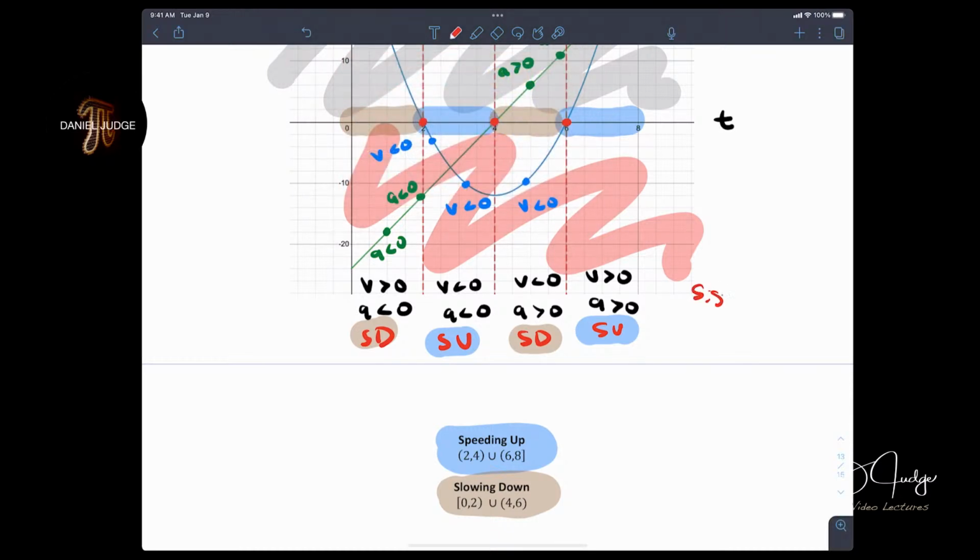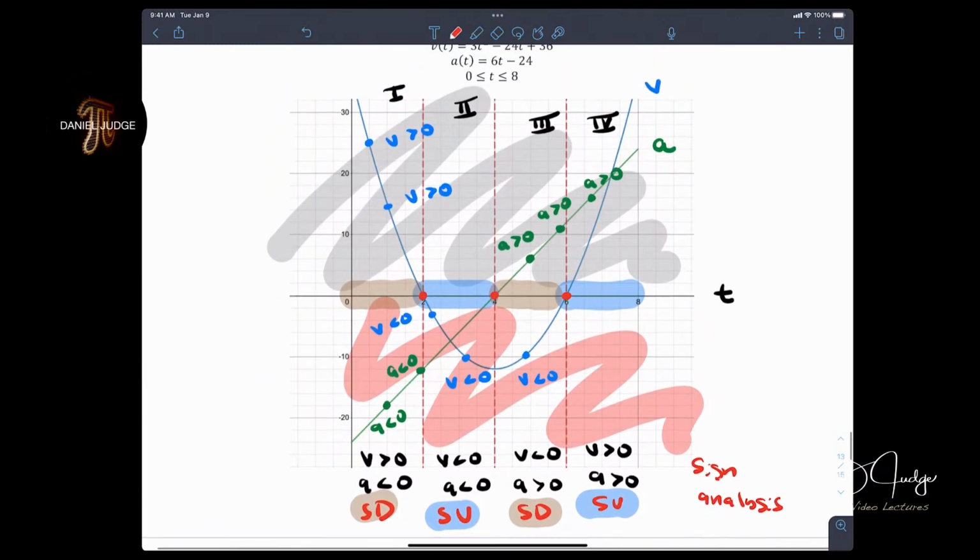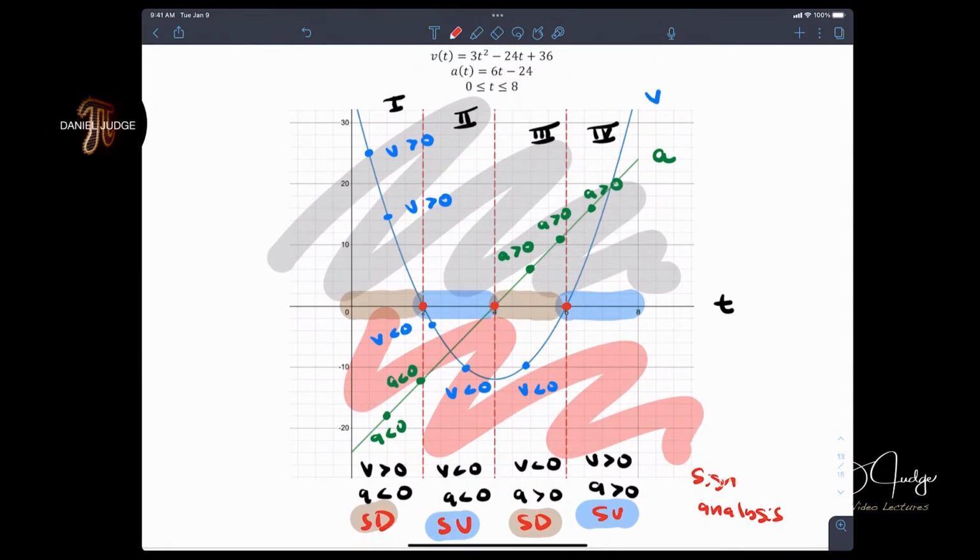However, a very quick way to answer this question is simply graph the velocity and acceleration on the same Cartesian coordinates, through the zeros, the intercepts on the t-axis, partition, and see how the curves behave.